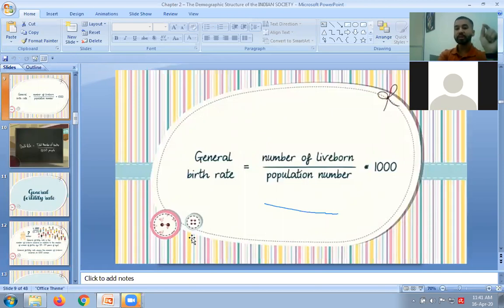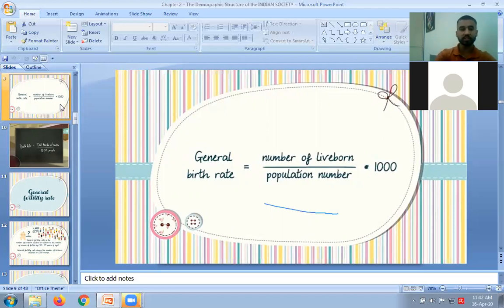We calculate this with this formula. We keep the number of live births, meaning the number of children who survive, as the numerator, and we divide it by the population number. It can be 1,000 population, 10,000, or 1 lakh, but mostly we take 1,000. So we always calculate the crude birth rate by comparing live births with 1,000 population.